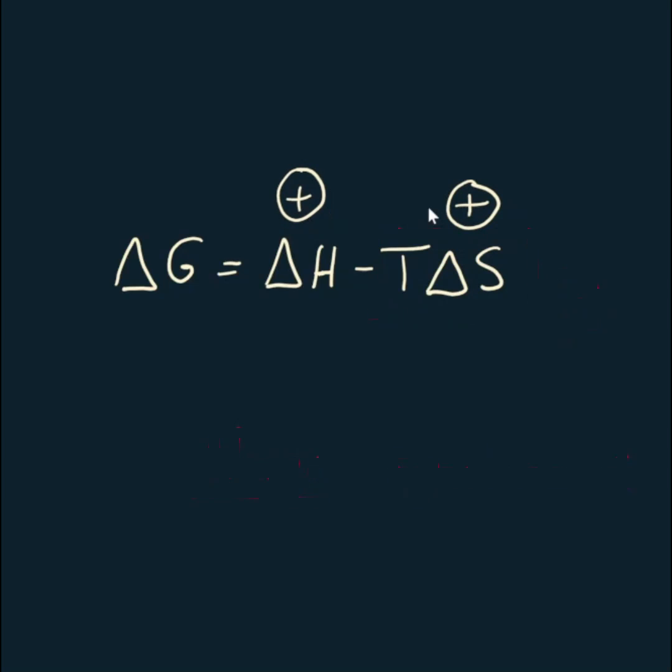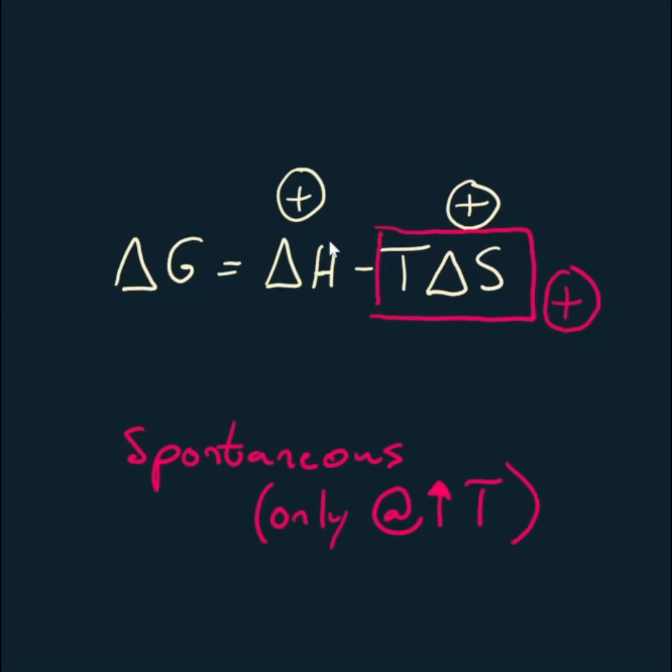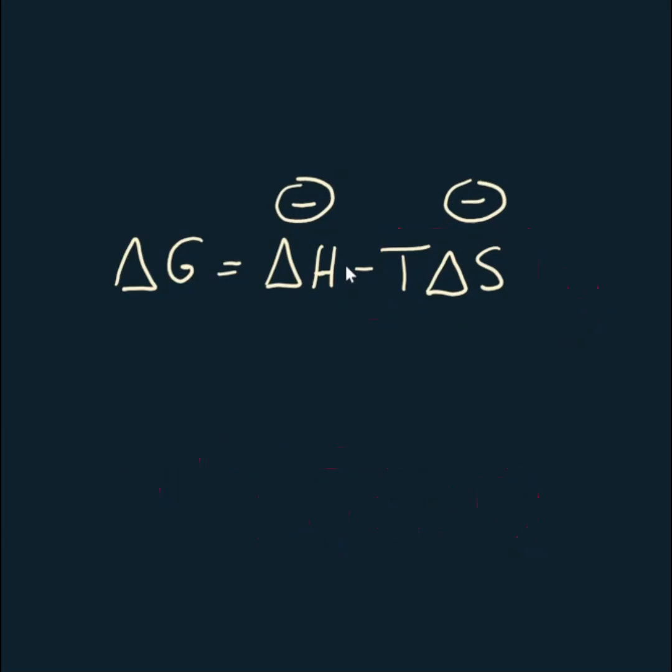And if delta H is positive and delta S is positive, then this value is always going to be positive, and so delta H minus a positive value is only going to be negative when whatever value is in this red box is higher than whatever's over here. So in other words, this is spontaneous only whenever the temperature is high enough so that it can counteract the delta H value.